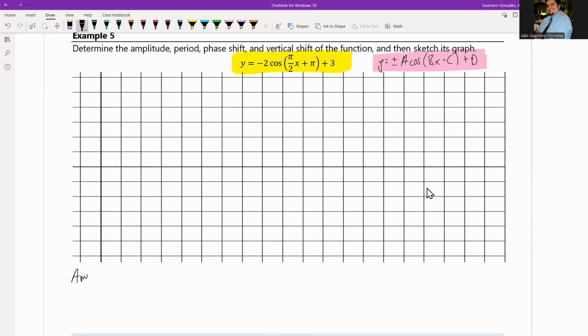The amplitude for this function in the yellow is going to be 2. That is done. The midline, hopefully you see how simple some of this stuff is, is going to be y is equal to 3. Here comes the hard stuff: the period.